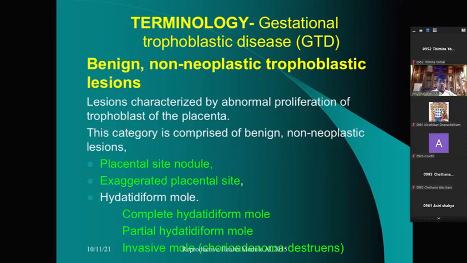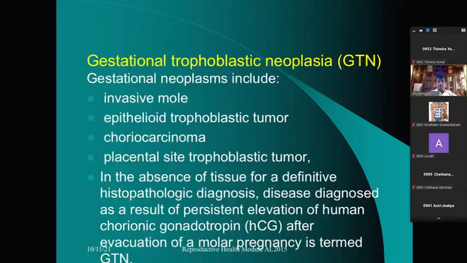As I told you, once you get in this situation, these conditions will be treated. But if the disease process continues, that group is called gestational trophoblastic neoplasia.